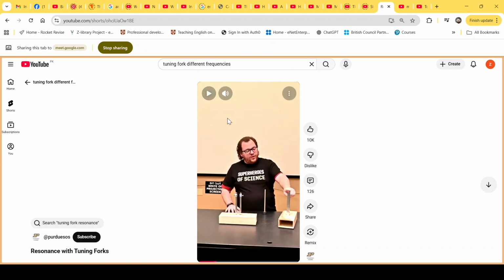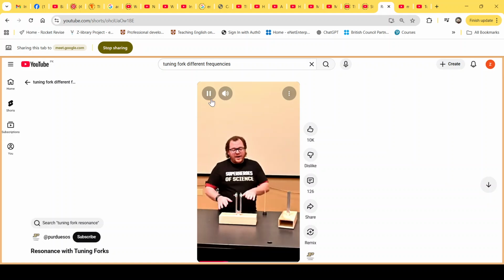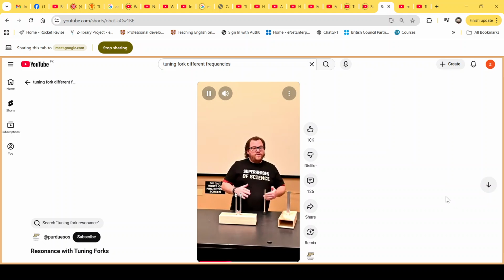What I want you to focus on is the sound that the tuning fork makes, right? The resonance and everything they're talking about is not relevant to us. This tuning fork has a natural frequency of 256 hertz, and this tuning fork is adjustable. Right now, it's set to 256 hertz as well.